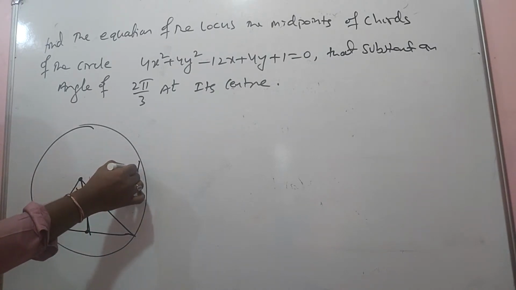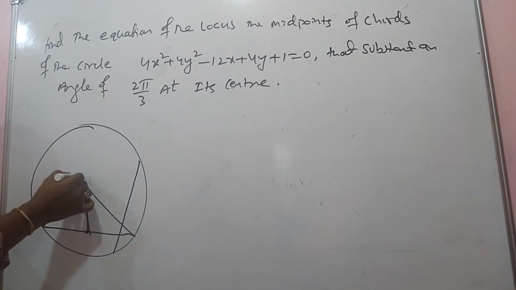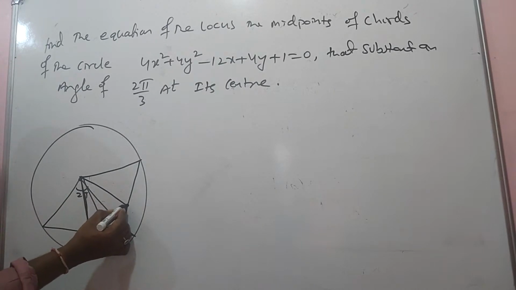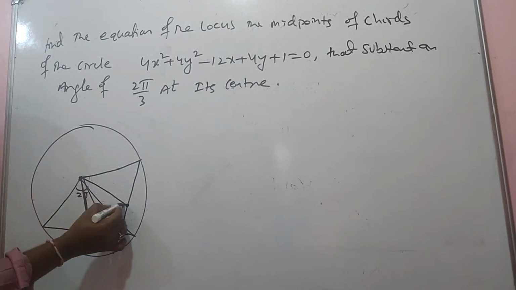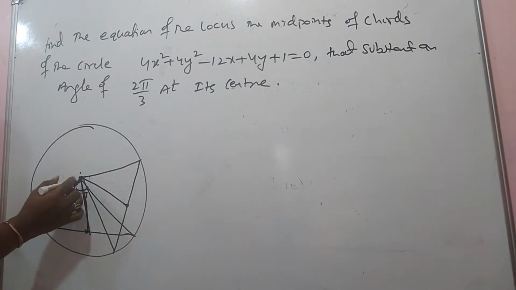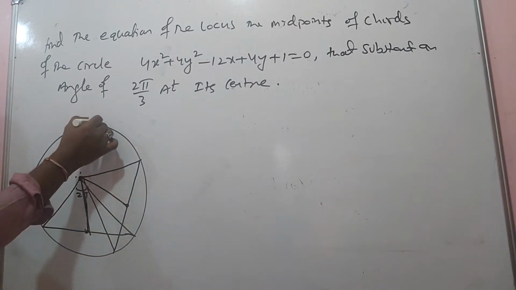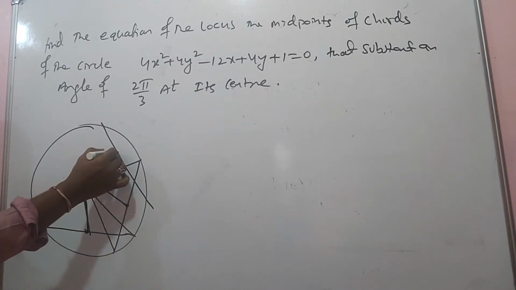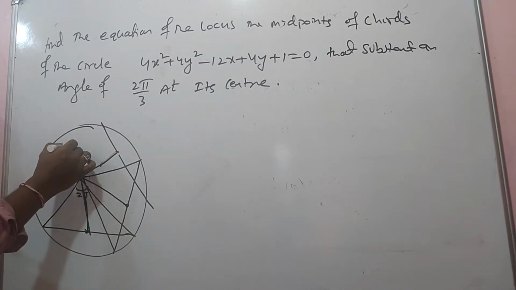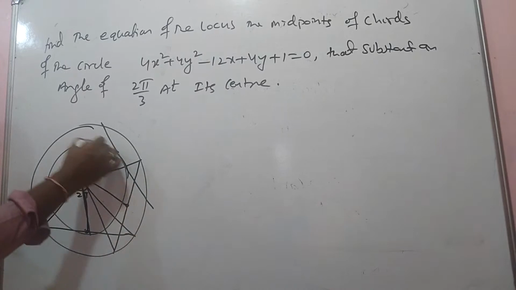If I take one more chord and take its midpoint, this distance will be the same. Like this, all these midpoints are equidistant from the center. If all are equidistant from the center, then it again forms a circle.